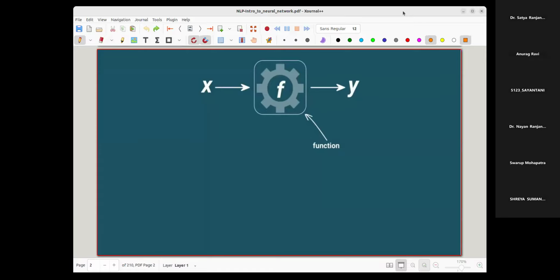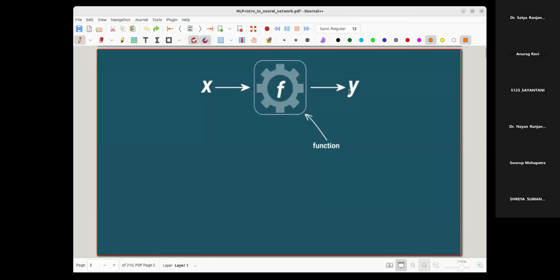Generally, the idea of a function is that it can be viewed as a machine that takes an input x, transforms it, and produces some output y.